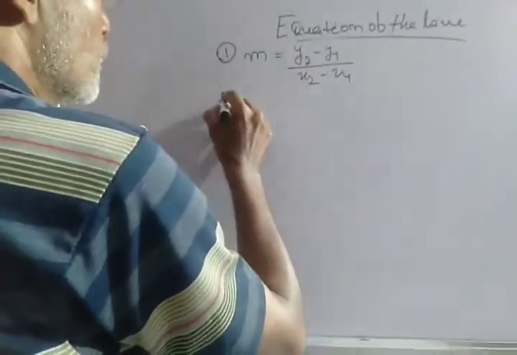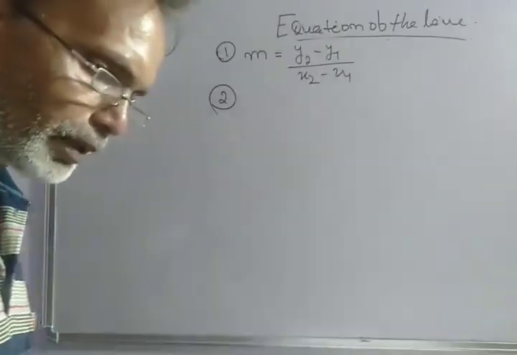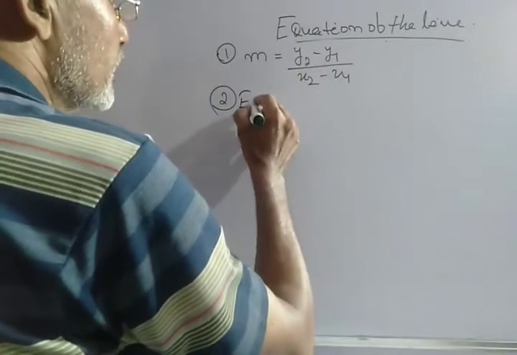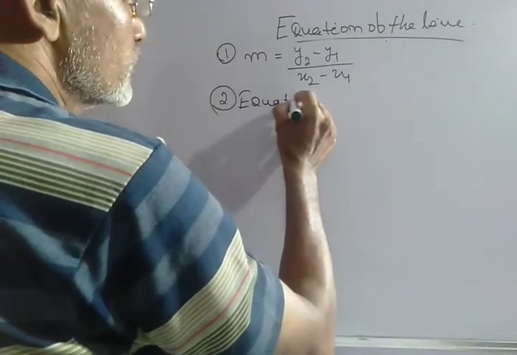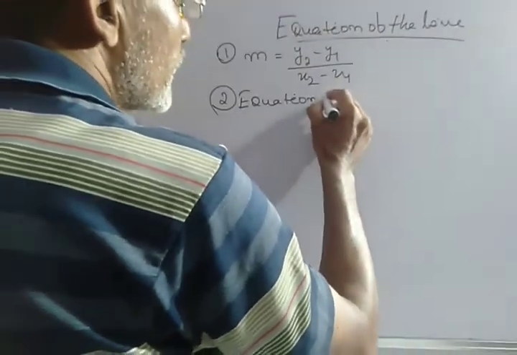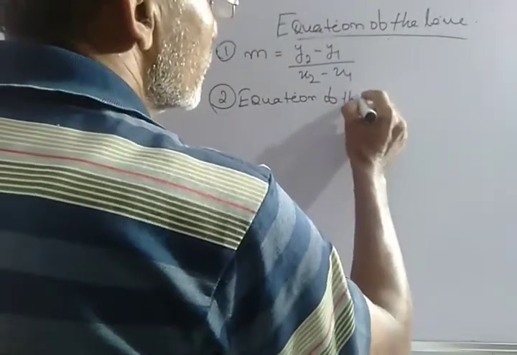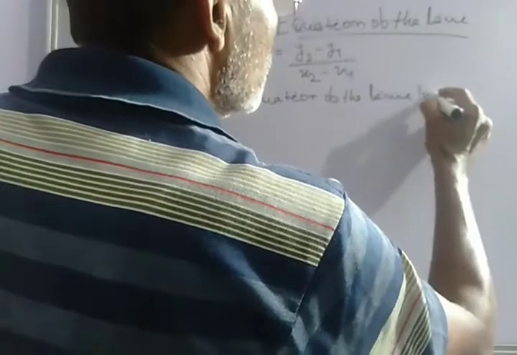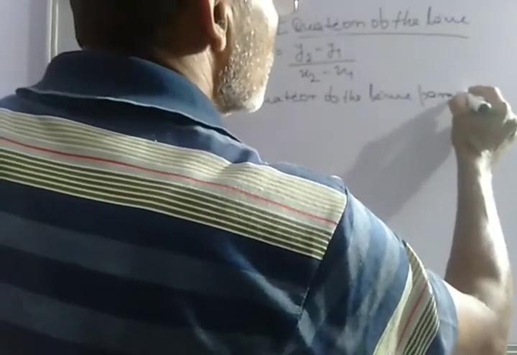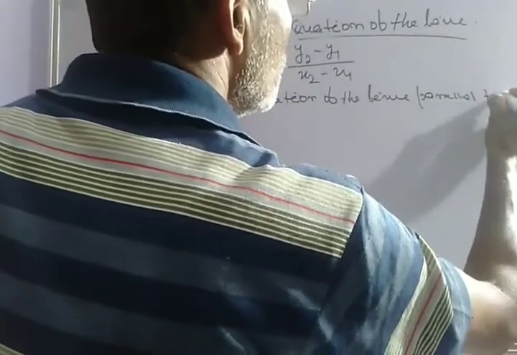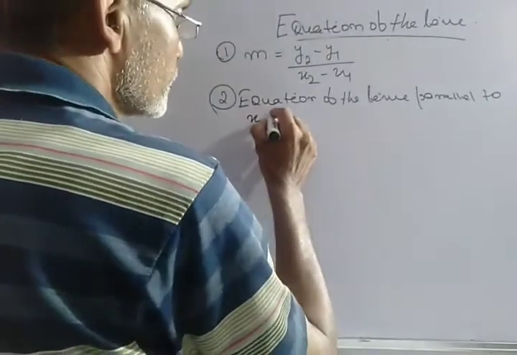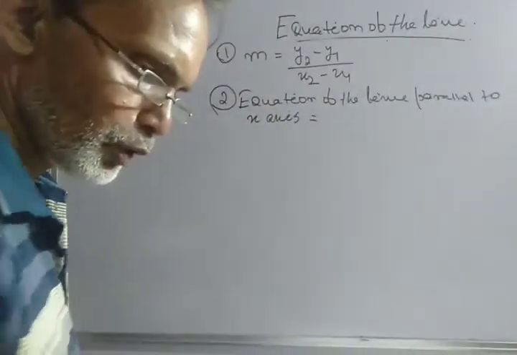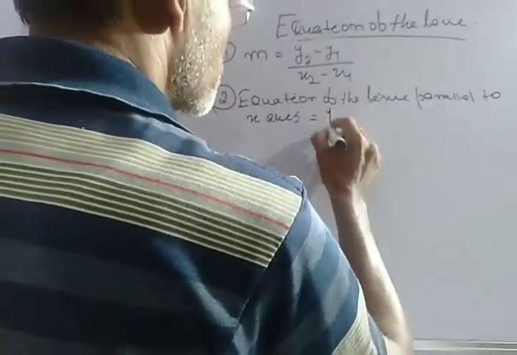Then number two, the equation of a line parallel to the x-axis is y is equal to b.